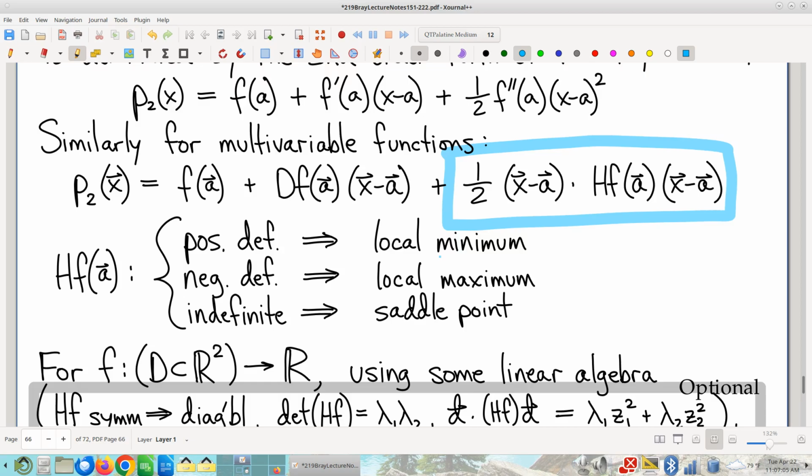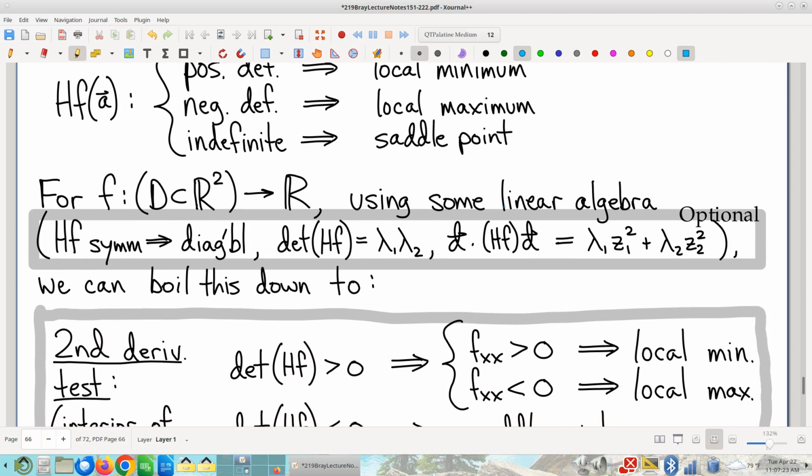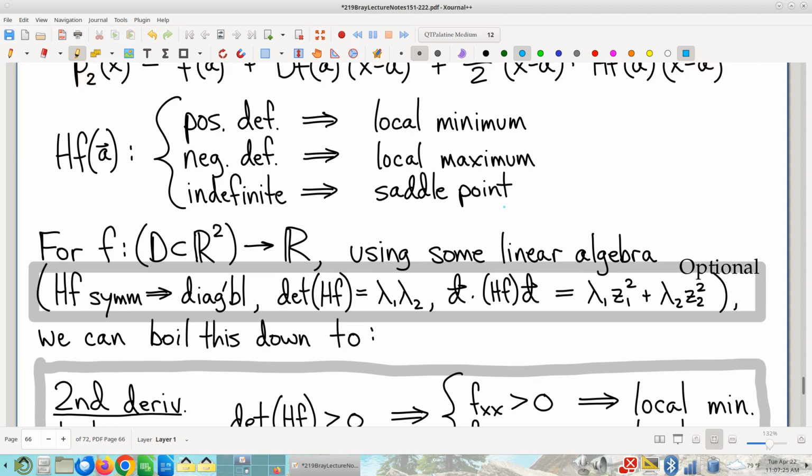And whether this is positive definite, negative definite, or neither, and thus which one of these outcomes occurs, is determined by rules that y'all probably remember. At least you remember that they existed back in linear algebra.